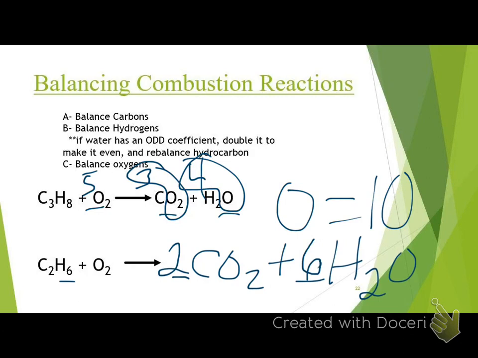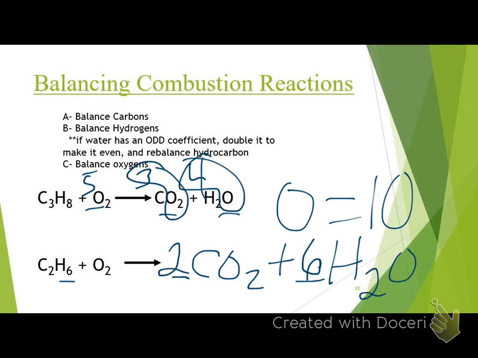Not difficult, right? But unless you do it with me, it's kind of hard to say what you mean by that. That's what I mean by that. Double it to make it even. Any odd number doubled will always be even. So if I doubled it, now I have to go back and rebalance my hydrocarbon.